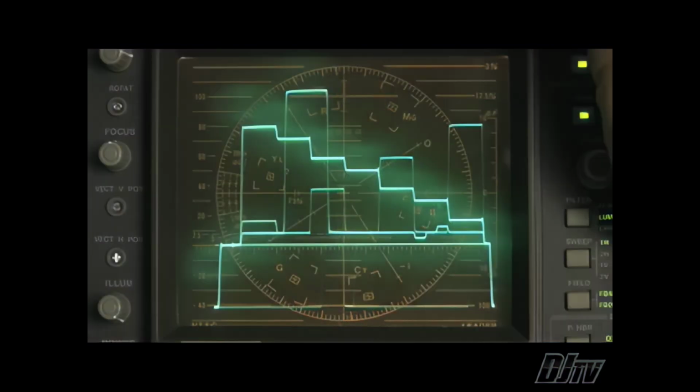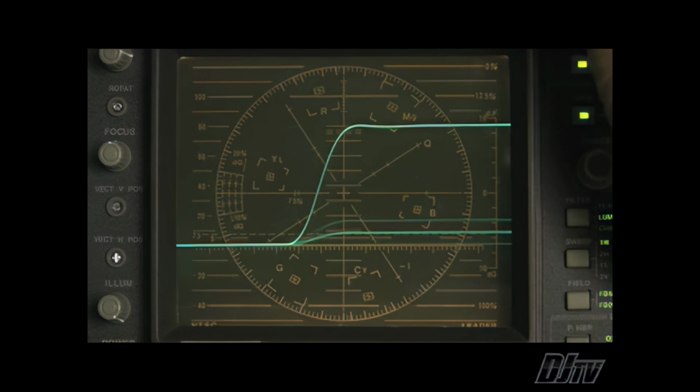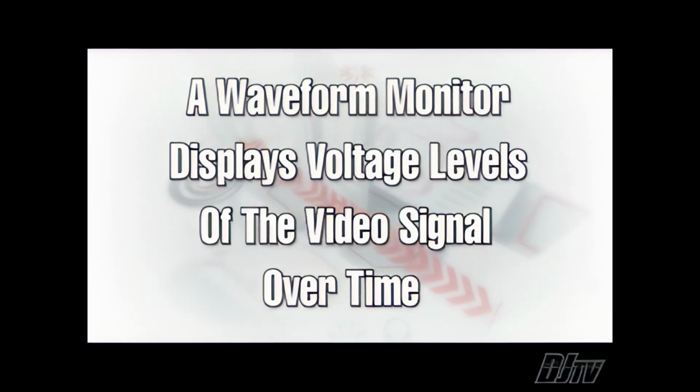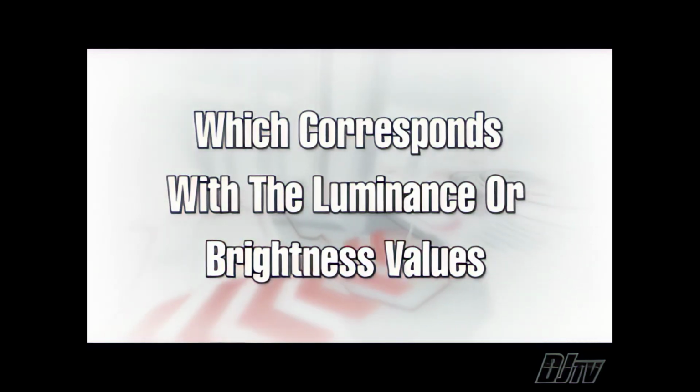Vector scopes are almost always paired with a waveform monitor, and the two devices together can really tell us a lot about our signal. Like the vector scope, a waveform monitor is also a special oscilloscope that displays the voltage levels of the various lines in a video signal over time. This corresponds directly to the luminance or brightness.